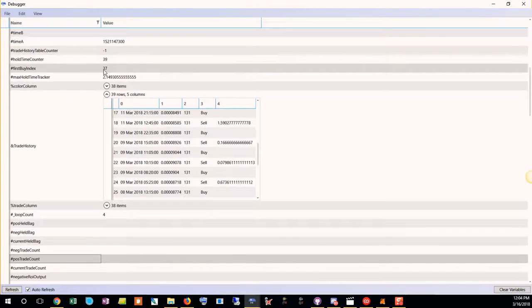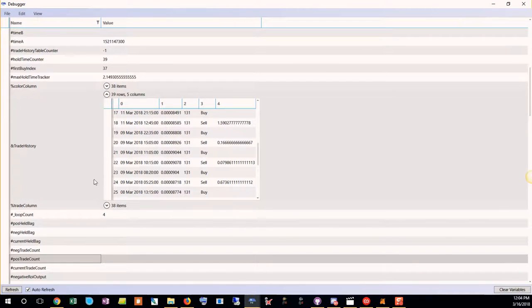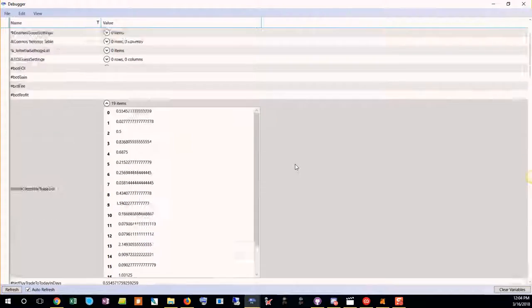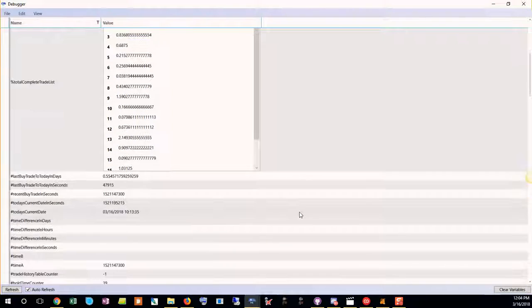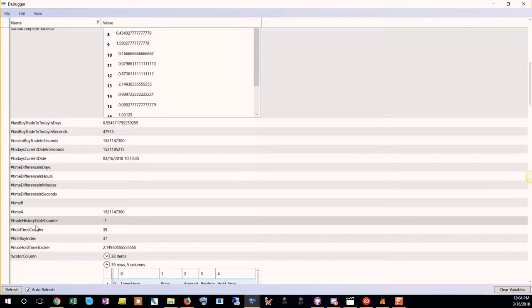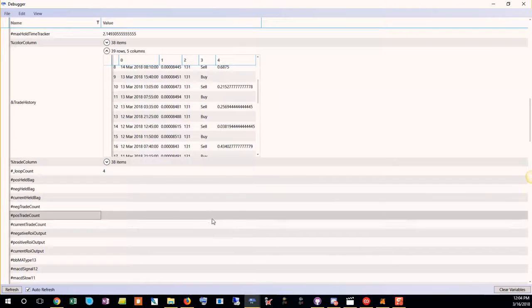and the quantity of trades is determined by the counter that we have somewhere here. Let's see, I think there's a max trade counter right there. There's the max hold time. Let me sort this first.